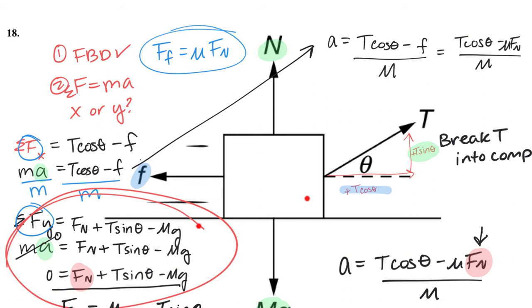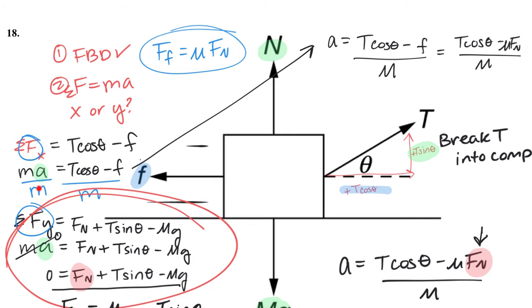I worked on my y direction first. I determined that acceleration was going to be 0 in the y direction because the box only accelerates to the right and never goes up and down. So 0 is going to be equal to my sum of all forces. And then I just saved this equation for later.